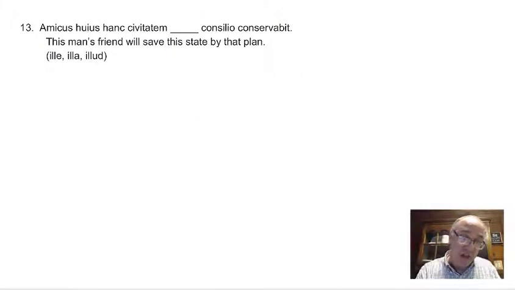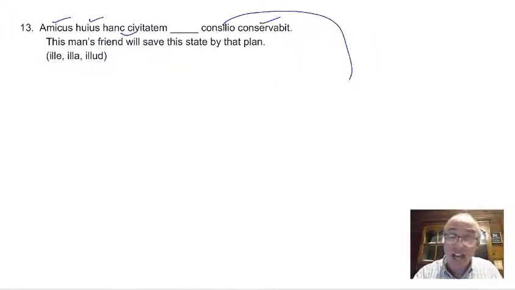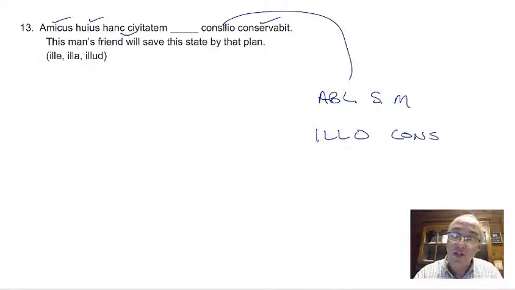This man's friend, the friend of this man, will conservabit, will save this state, by that plan. Now this is not the dative. This is the ablative singular masculine, and the ablative singular masculine form is illo. Illo concilio.